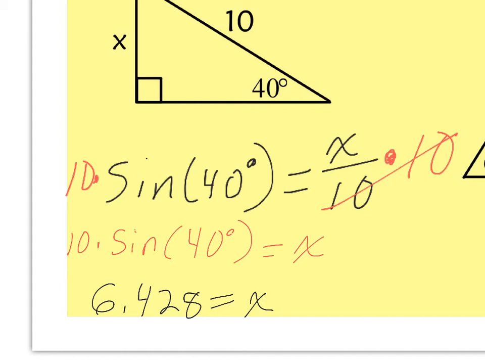Equals x. As far as that rounding rule goes, there's a poster on my wall to help you remember rounding. There's also that 5 or more, raise the score, 4 or less, let it rest. You may have heard that before.